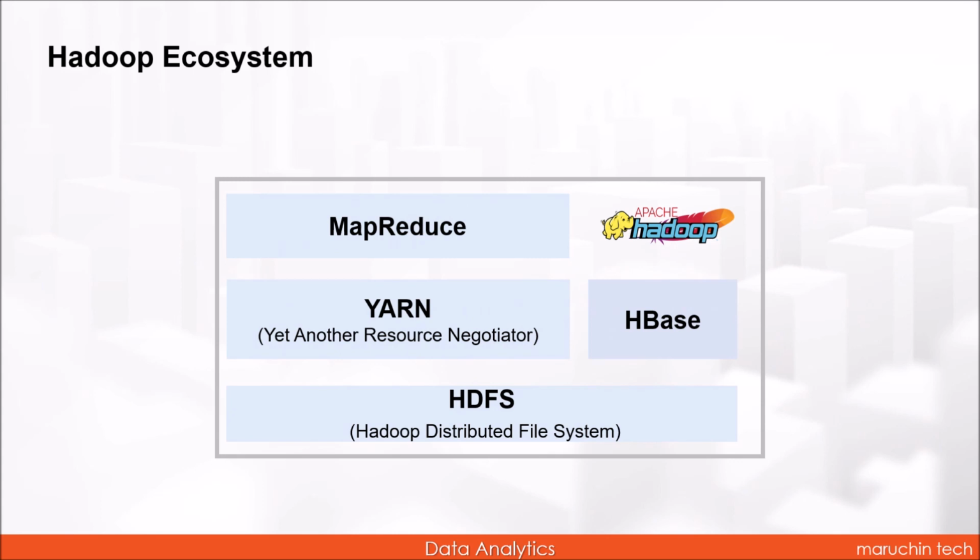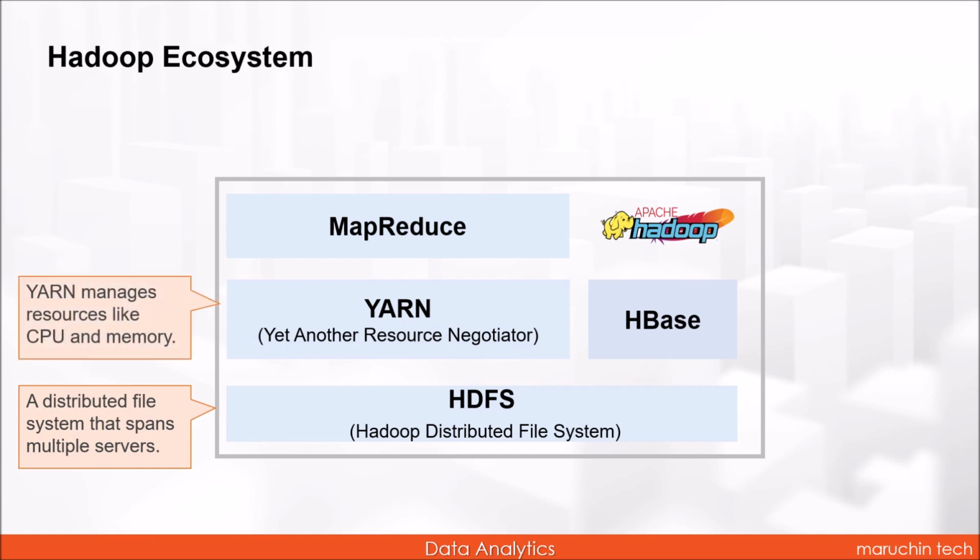Now I will introduce the Hadoop configuration. HDFS is a distributed file system that spans multiple servers. Within these clusters, YARN manages resources like CPU and memory. MapReduce is designed to perform parallel distributed processing on YARN.